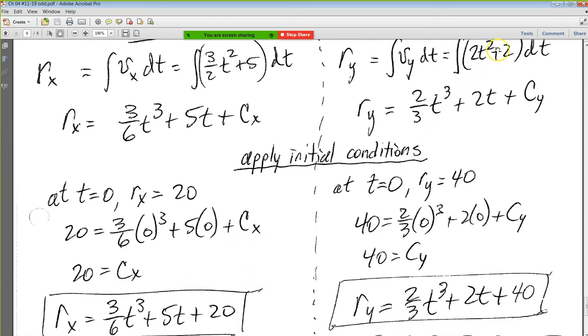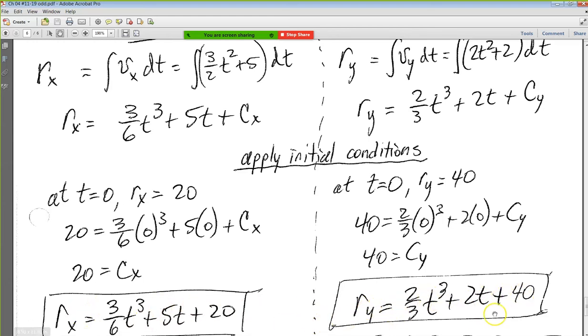And likewise, here's my velocity equation for the y direction. When I integrate that, I get 2/3 t cubed plus 2t plus c. And I'm going to apply my initial conditions, there they are, and solve for c. And now I have an equation for position in the x as a function of time and position in the y as a function of time.